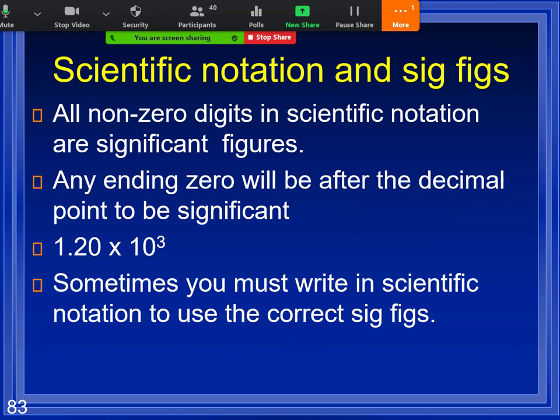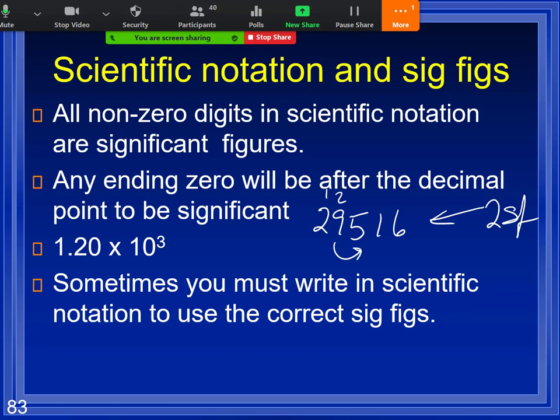Sometimes you have to write it in scientific notation to get the correct sig figs. Let's add 29,516, and I want to round that to 2 significant figures. Well, the first one's the 2, the second one's the 9.